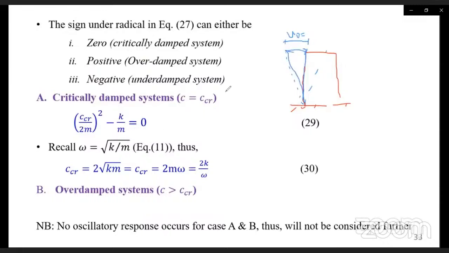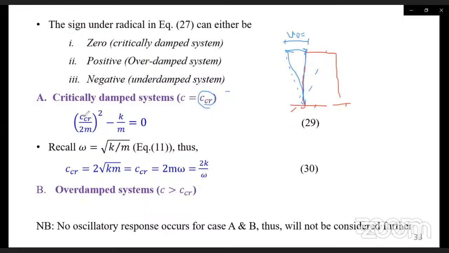But let's not do so much on this. We first introduce that concept or that type of damped system, so that you can appreciate why we are saying for these two cases there's no need to consider them further. But some expressions here are of good concern because we have introduced a new notation, C critical.